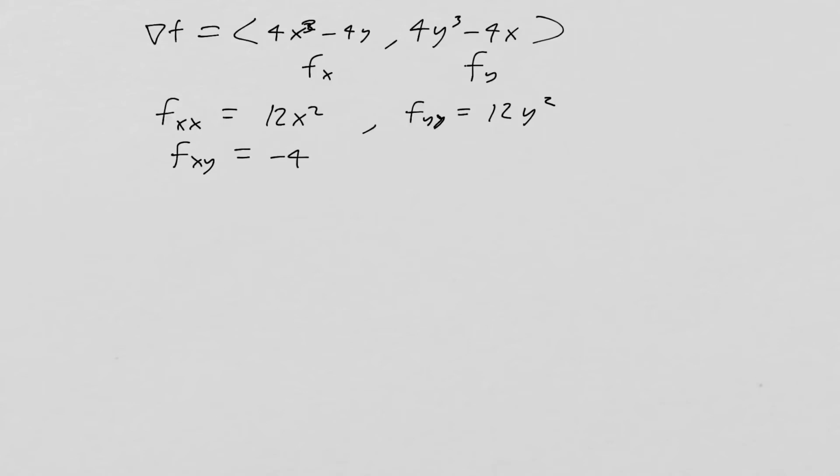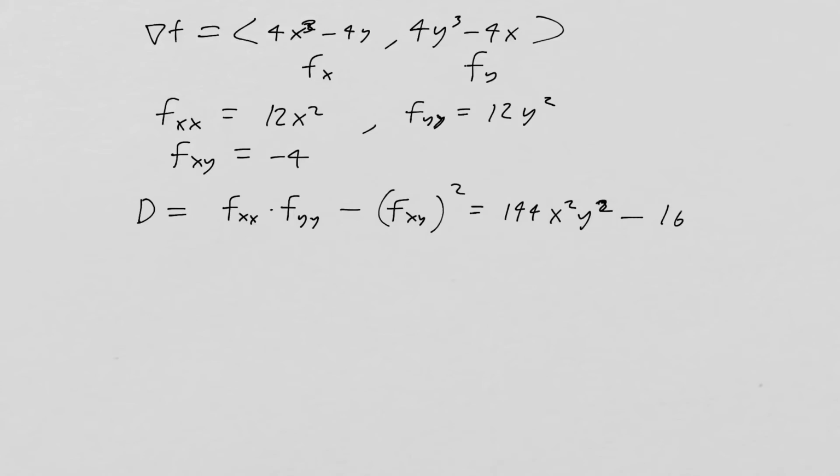All right, so we know that for the second derivative test, you use that discriminant value, and that's equal to fxx times fyy minus fxy quantity squared. So in general, that's going to be 144 times x squared times y squared minus 16.